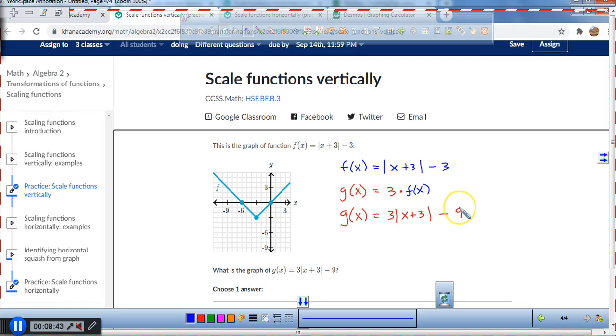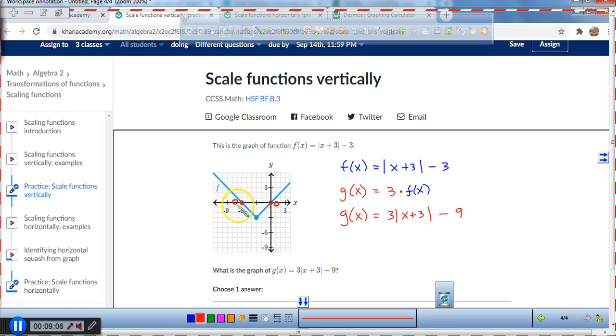So all I'm going to do is look at my y values and multiply them by 3. What's the y value right here? The y value is at 0, so that's going to stay the same. And this y value is at 0. You're like, wait a second, this is -6. That's the x value. I'm not worried about the x value, I'm just worried about the y value.